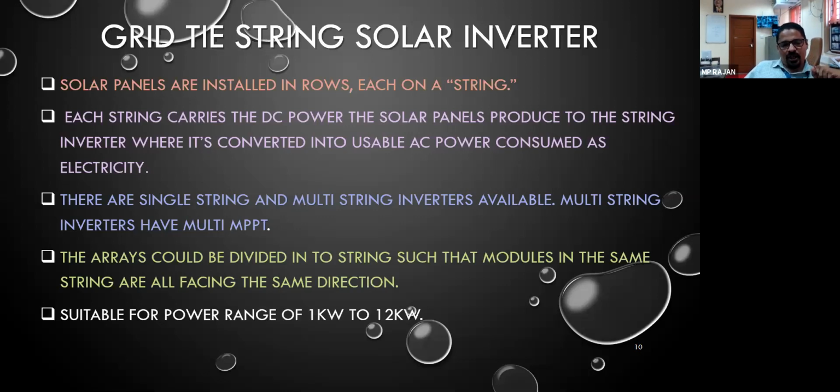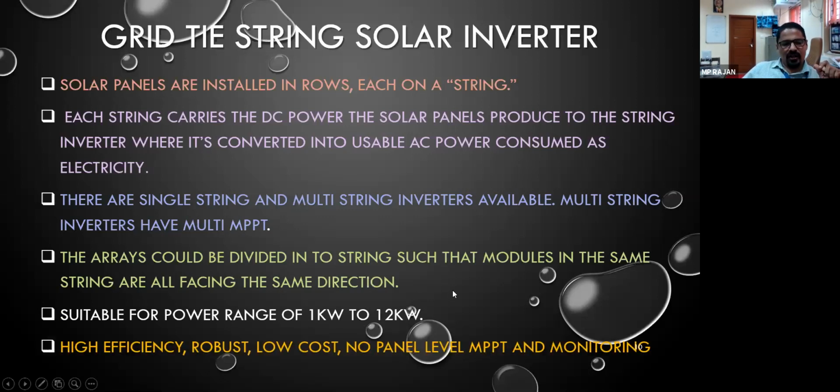It is suitable for 1 kilowatt to 12 kilowatt power generation. So it is a medium range, you can say one string can have 1 kilowatt to 2 kilowatts. The advantages are that it is highly efficient, robust construction, low cost, but only string level monitoring is there.